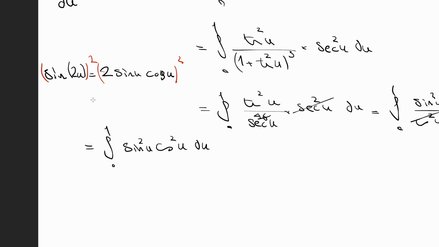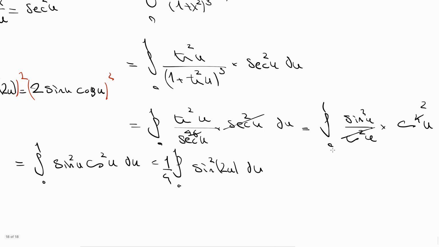And now you can simply take the 2 squared to the left and then substitute in sine squared of 2u over 4 for sine squared of u cosine squared of u. So it's going to be 1 over 4 sine squared of 2u du.